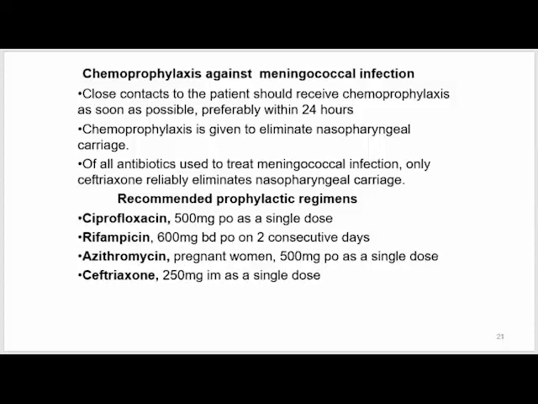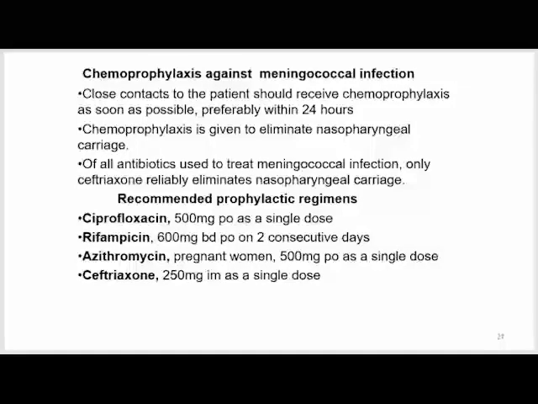This is to eliminate the nasopharyngeal carriage. If you are in contact with a patient who has meningococcal infection, you might be a carrier. So quickly, you should be put on prophylaxis.